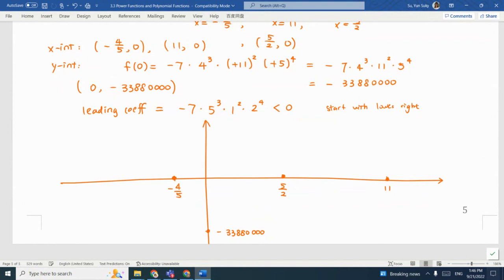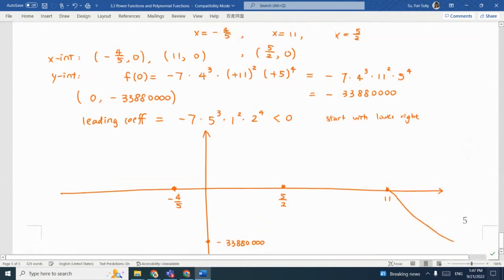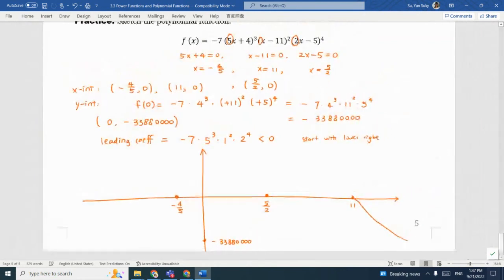Now we start with the right lower corner. And then what happened? We bounce across. Bounce. And then bounce. We also cross the y-intercept.